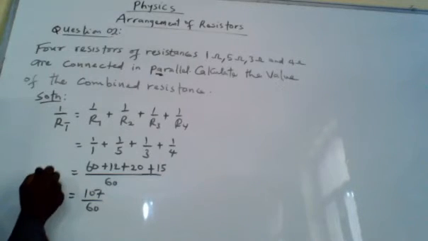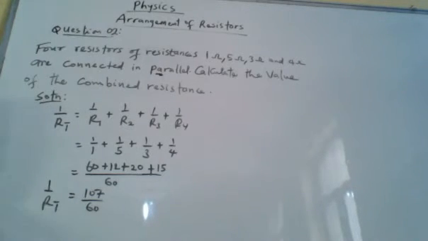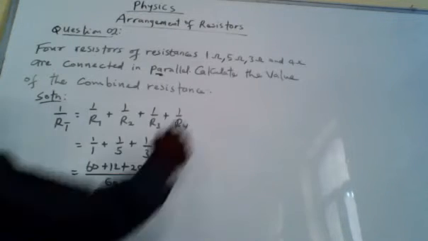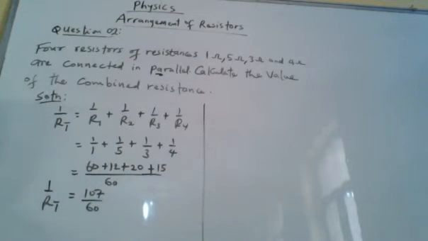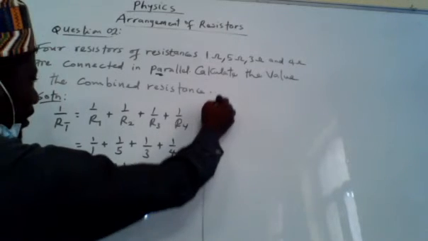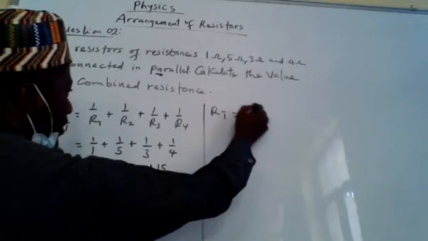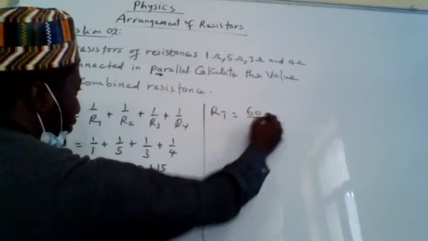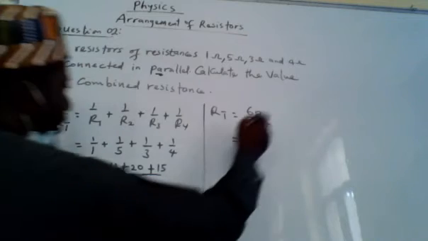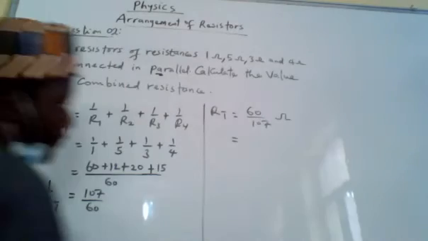So this is 1 over R total. But this is not the end of my solution. This is not the answer. So I need to find the inverse of 1 over R total. That will give me R total. Inverse of this will be 60 over 107. The answer can be left in fraction.